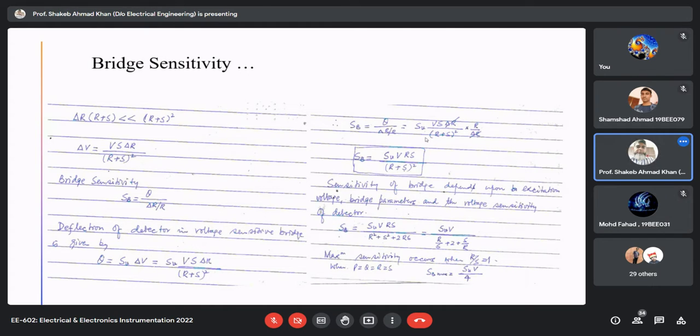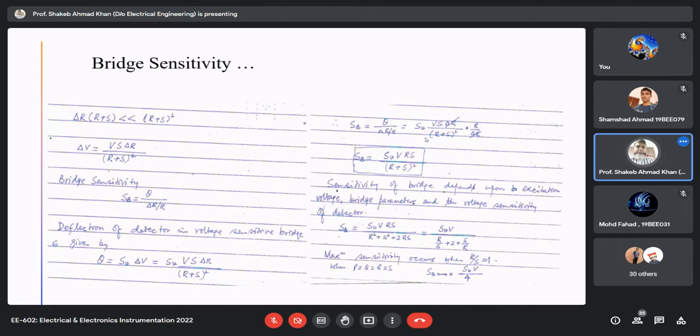You understanding what I'm saying? As a user of the Wheatstone bridge, I want to measure this much change in resistance. Unless you are aware of the sensitivity of the bridge, you cannot say whether your bridge will be able to measure that much change in resistance or not.